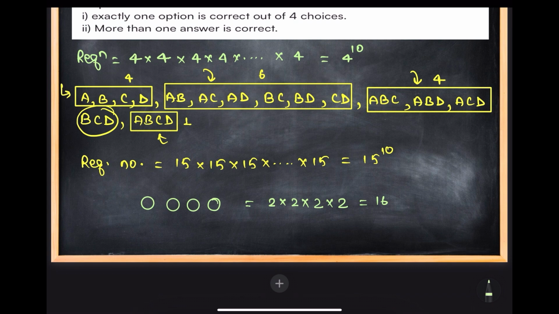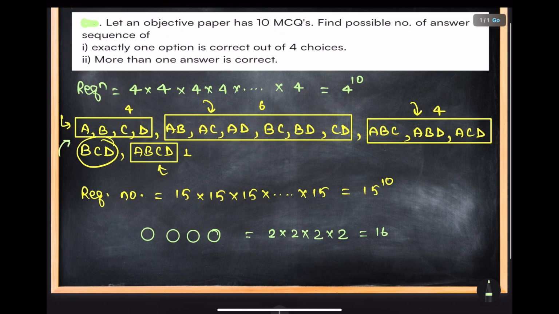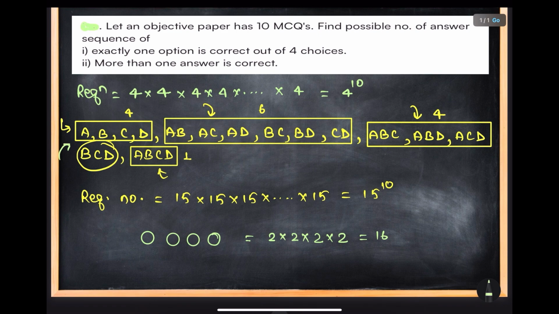So out of 16 cases, you have 15 cases because one case is removed. So to solve question number 1 for the multi-correct situation, there are 15 choices. If you don't want to go with hit and trial, you can follow this concept to answer this question. I hope the idea is clear.